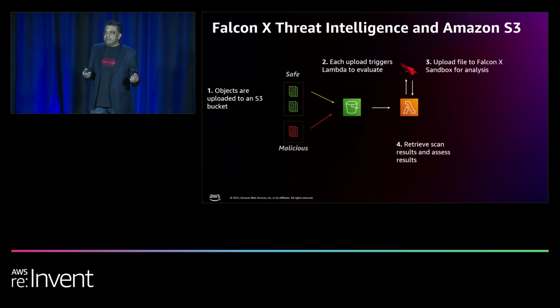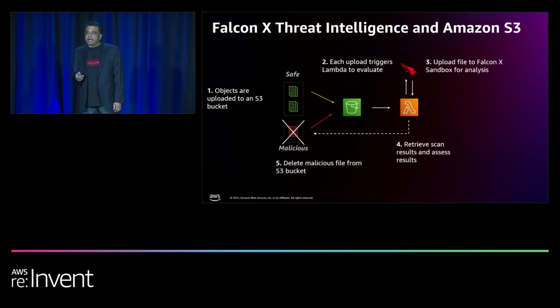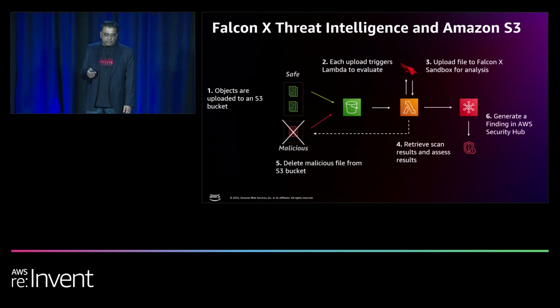If you find any kind of malware with that entire process, both threat intelligence and detonation, then we would go ahead and delete that file, and as a result send a Security Hub event back for the SOC to take action on. So those are the integrations with both the API with Security Hub and then the threat intelligence with AWS Network Firewall and S3.